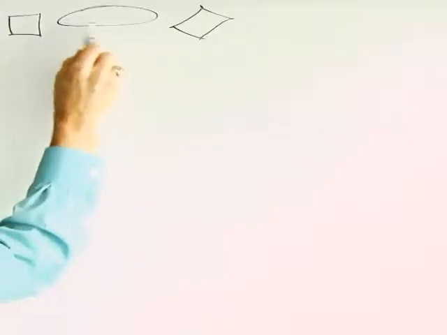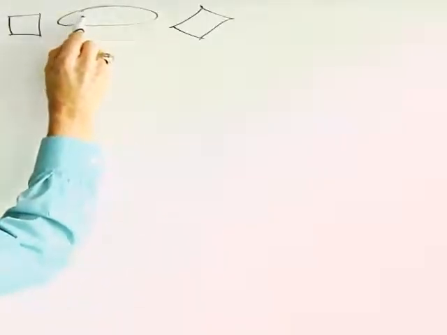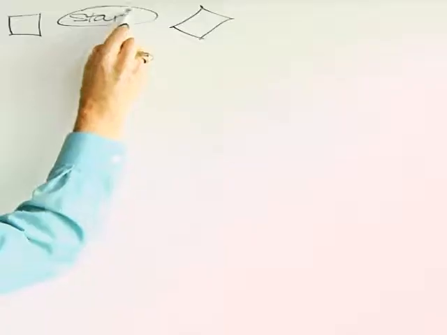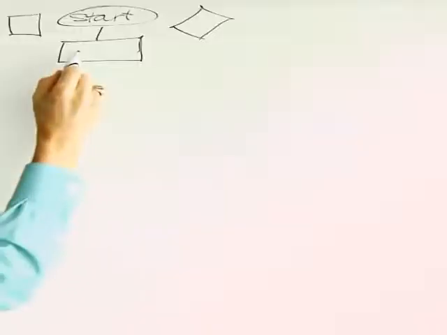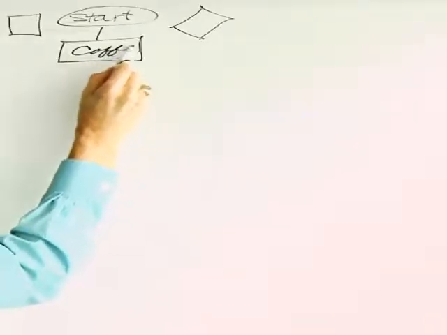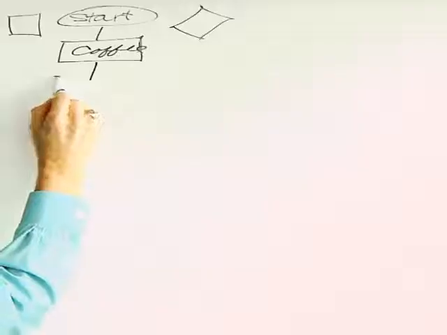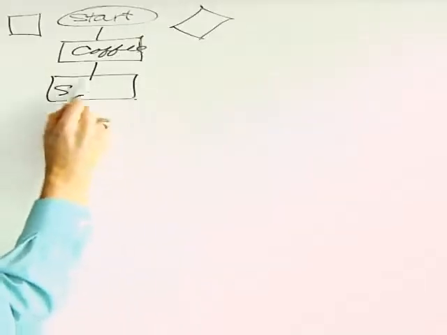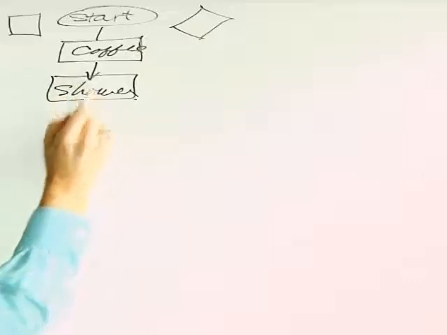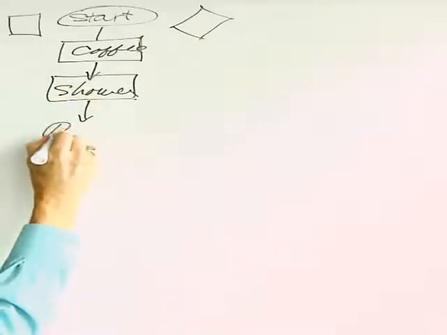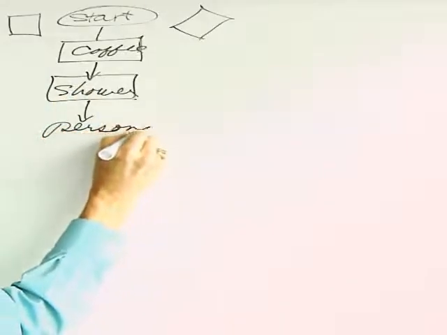So let's start our morning process. This is going to begin with asking ourselves a couple questions and then laying out our tasks. The first task was make coffee. The second task was to take our shower. That led to the third task, which was, I'm just going to call it personal stuff.